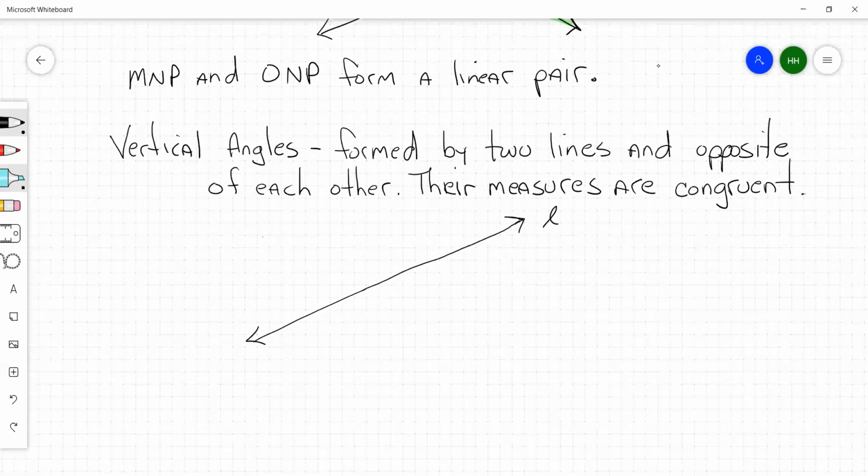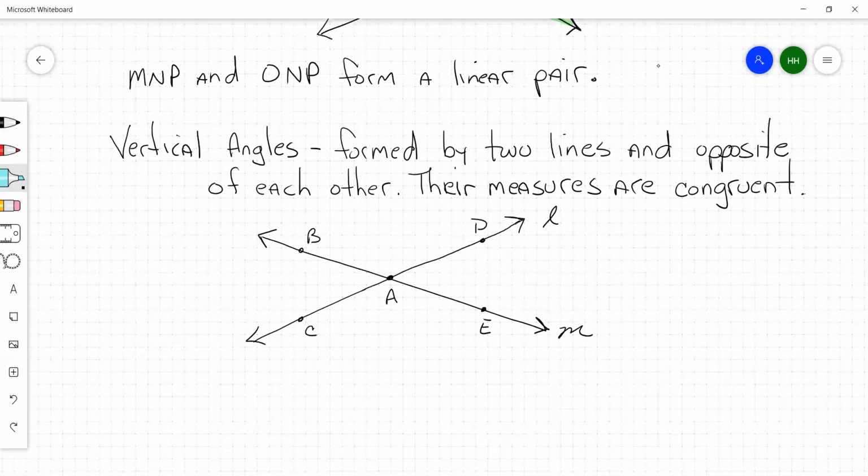Line L and line M intersect at point A. In this diagram, we have two pairs of vertical angles.